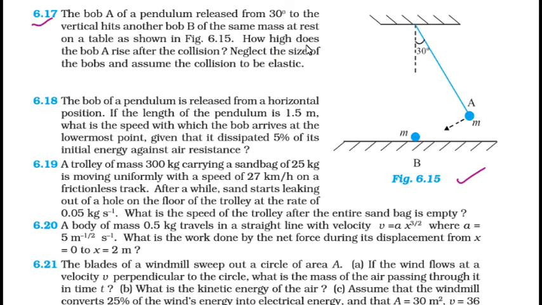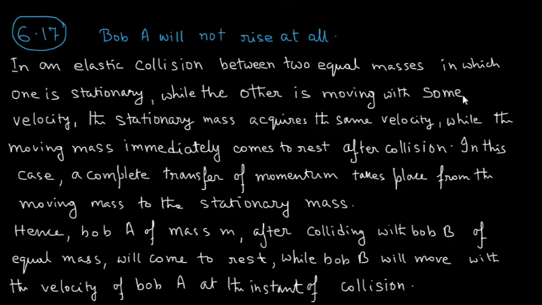How high does the bob A rise after the collision? Neglect the size of the bob and assume the collision to be elastic. The answer is bob A will not rise at all.